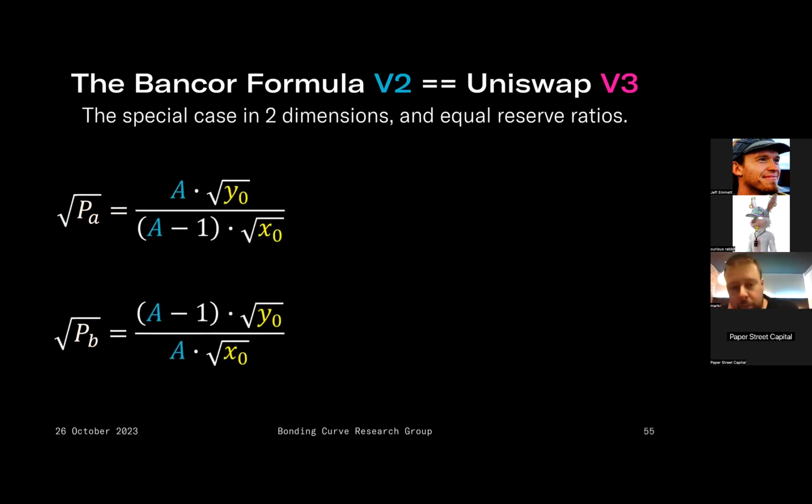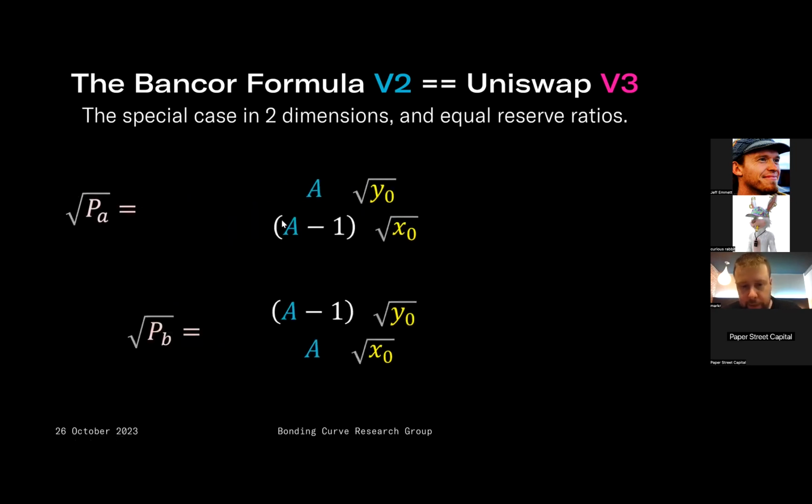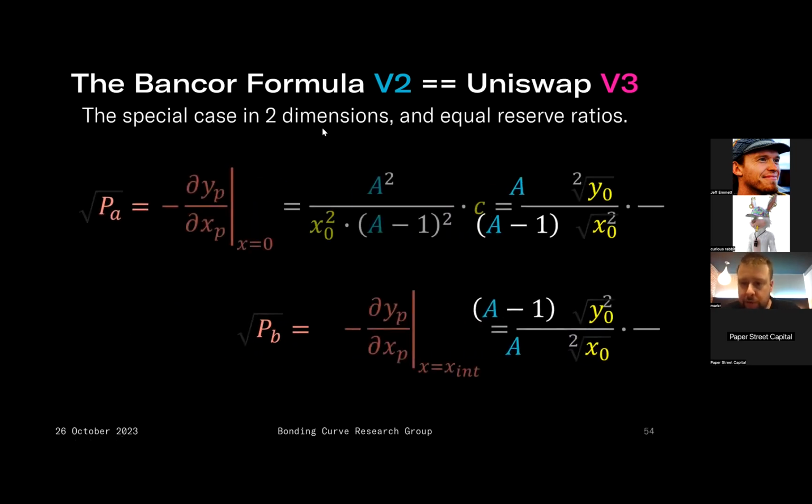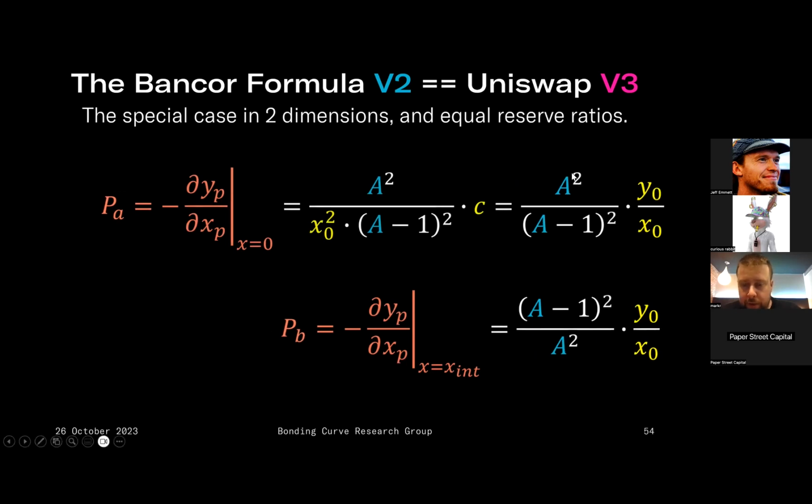So what I've done here now is to basically isolate the square root of PA and the square root of PB. If you didn't see that transformation, let me go back. It's not too difficult. You can see that we've got a squared and a minus 1 squared in both of these expressions. And we already kind of have this light at the end of the tunnel with respect to the Uniswap formula that we're trying to derive.